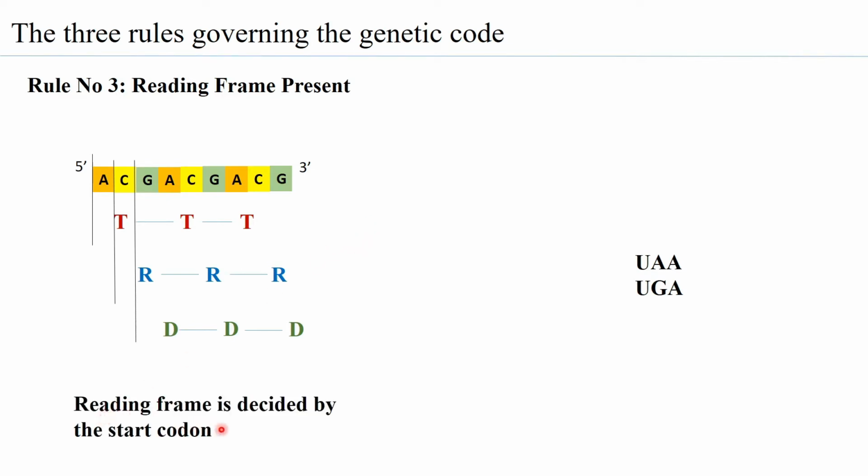So the reading frame is decided by the start codon. So you have a codon that is defined to start translation, to start the synthesis of proteins, and that start codon is AUG. This is present in prokaryotes as well as in eukaryotes. In eukaryotes, it is mostly universal, but in some prokaryotes, you may have other codons that code for a start codon.